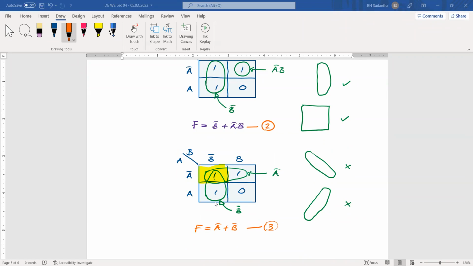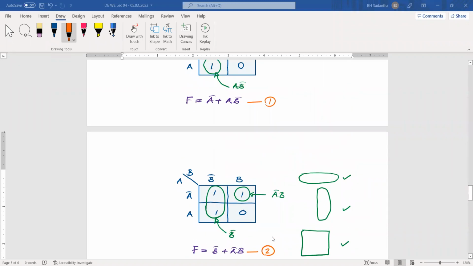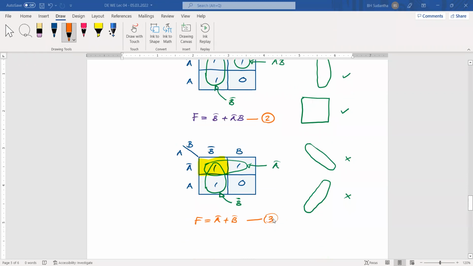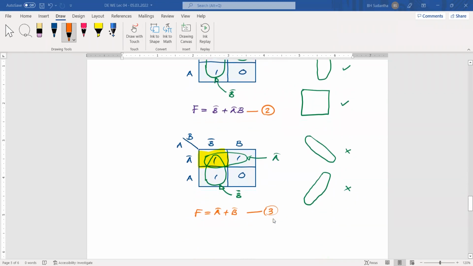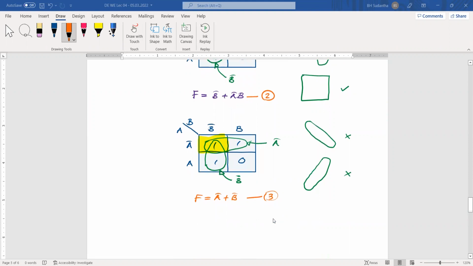Then if it is okay, the third one is also a valid equation. Then what is the most minimized one? Which one has given the good result? The third one is the most minimized one. Okay, then we will try to find a way to justify this.